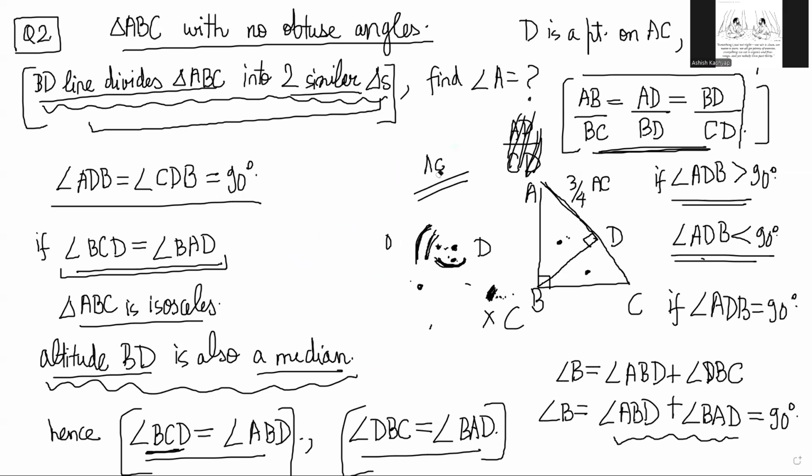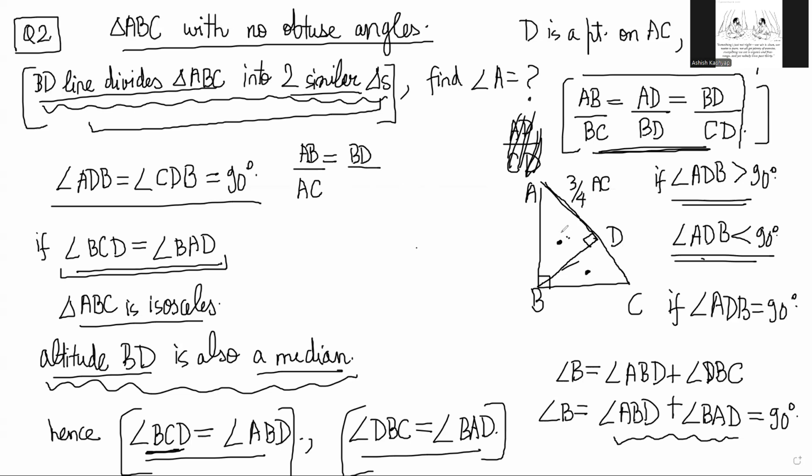I will write the result if I do similarity between ABD and ABC. So you get AB opposite to the 90-degree in the small triangle and AC opposite to 90-degree in the big triangle is equal to opposite to A in the small triangle is BD and opposite to A in the big triangle is BC. And finally, opposite to this in the small triangle is AD and opposite to angle C in the big triangle is AB.